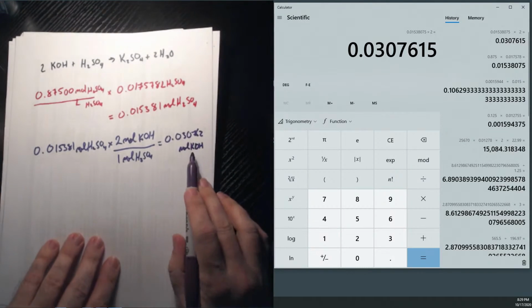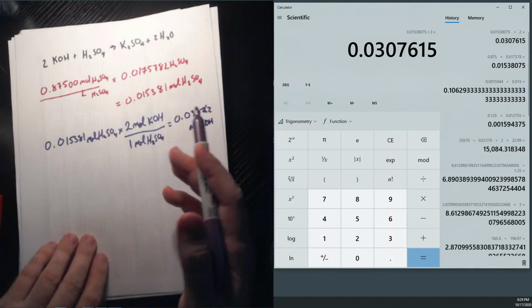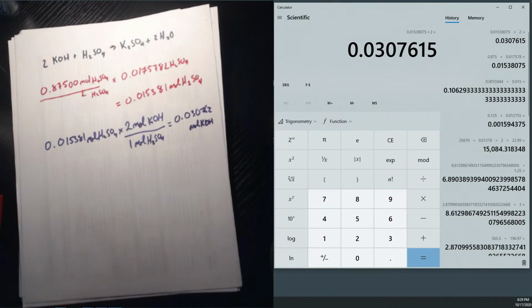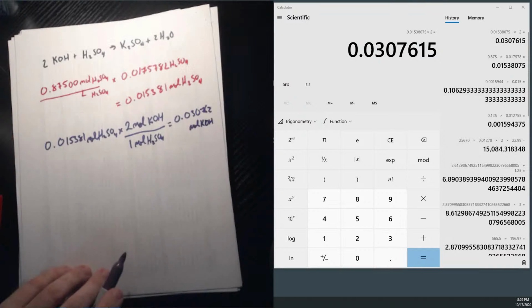Okay, so now we know how many moles of KOH were in that solution that we started with. So, knowing moles, we also know our volume because we measured it before we started our titration. We know we started with 25 mils of the potassium hydroxide.